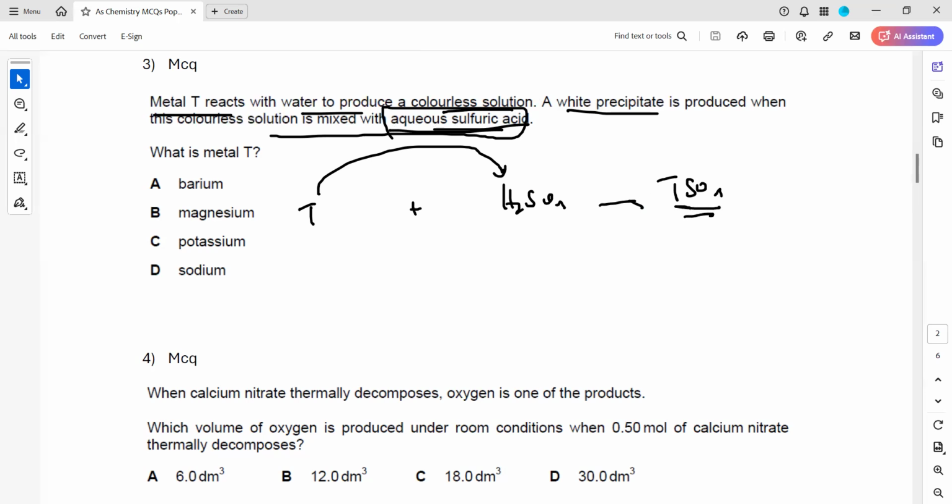So what indication does this give, which metal should be there? It means it should be barium, because barium sulfate is insoluble. Most sulfates are soluble except calcium, barium, and lead.